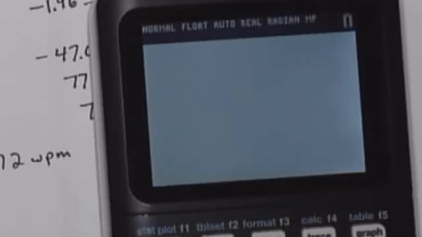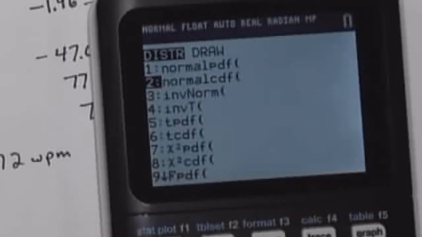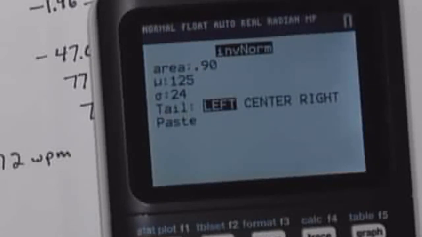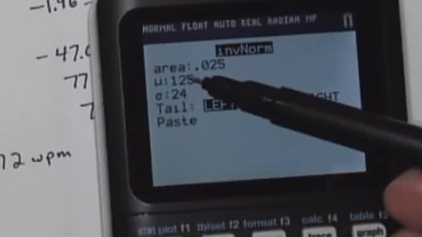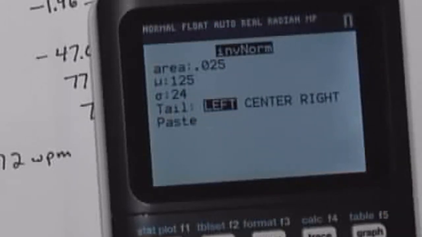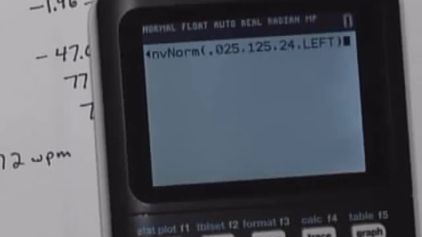So if I go to distribution, inverse norm, change this 0.90 to 0.025, my mean is 125, my standard deviation is 24, and the area of 0.025 is in the left tail.